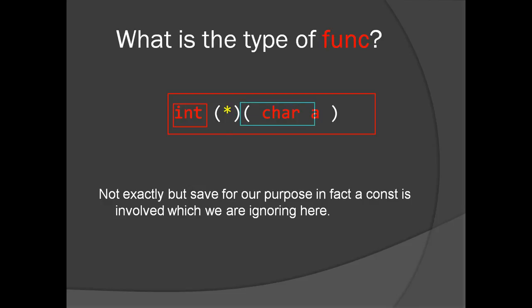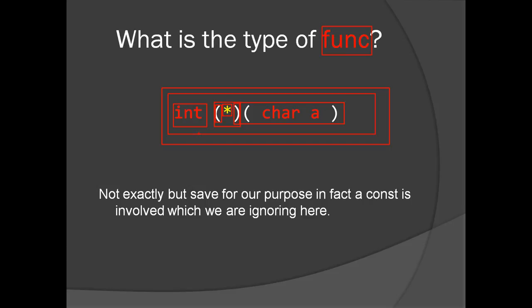This is the argument which is passed to the function, and this part shows that this is a function pointer. This parenthesis is mandatory. We cannot omit that parenthesis. Then this star. So the type of func in the previous program is this.